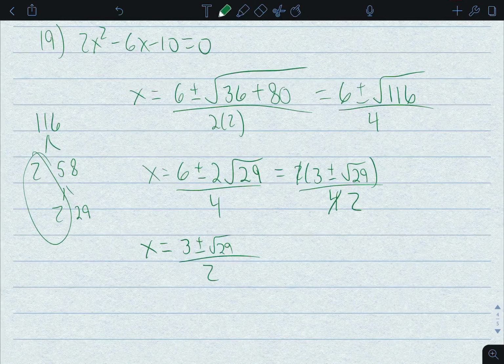So that means our final answer would be x equals 3 plus square root 29 over 2, 3 minus square root 29 over 2. Please separate your answers.